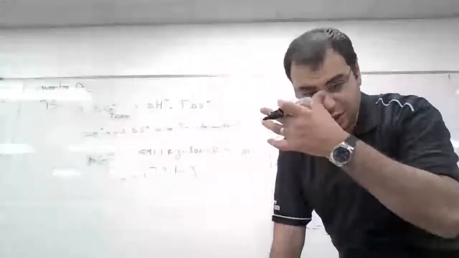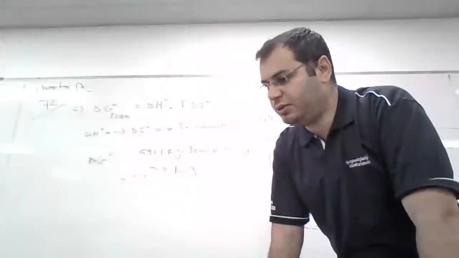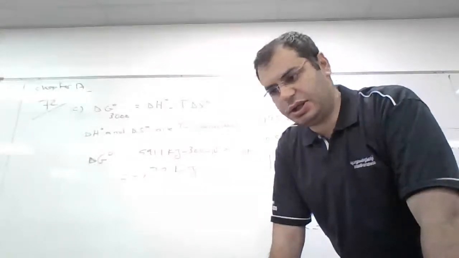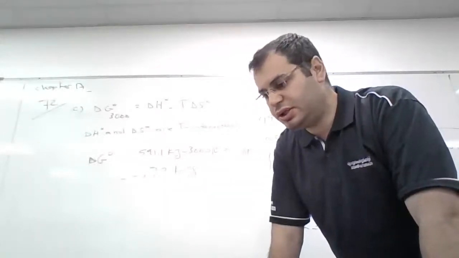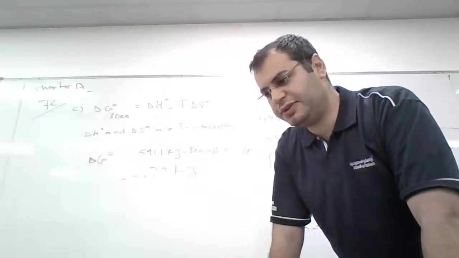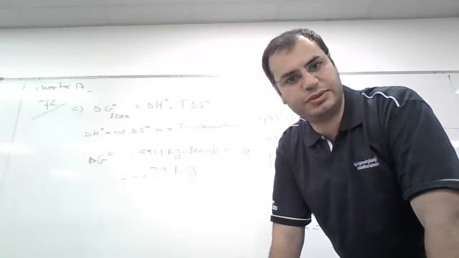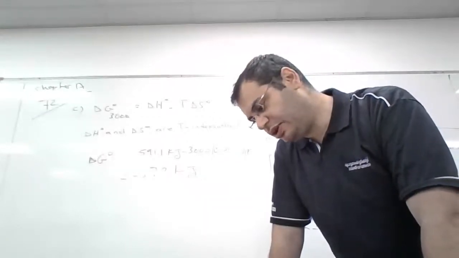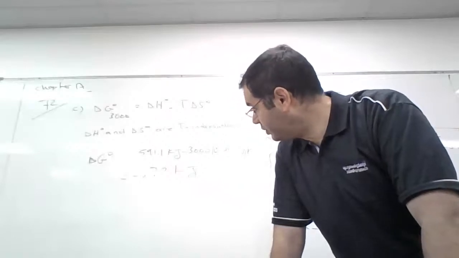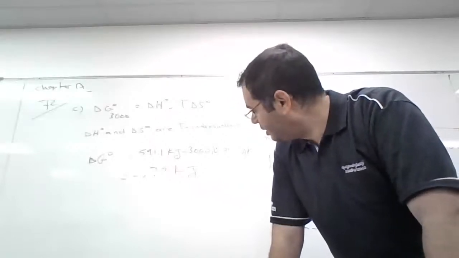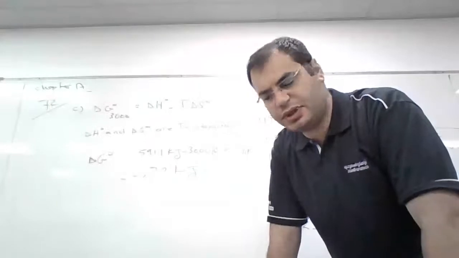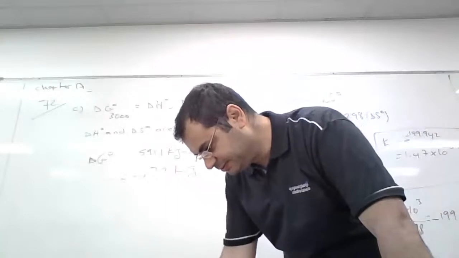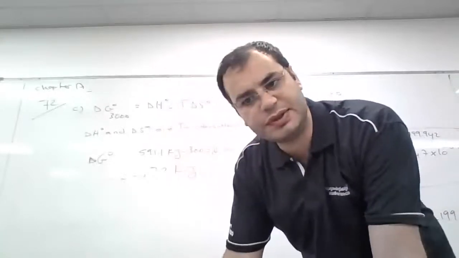So if I keep my pressure at 1 atmosphere and work at 25 degrees, delta G naught is positive, which means my reaction is not spontaneous. It will not push forward. And here, if I raise the temperature to 3000 kelvins, delta G naught is equal to minus 372 kilojoules. So that means this reaction is becoming spontaneous.